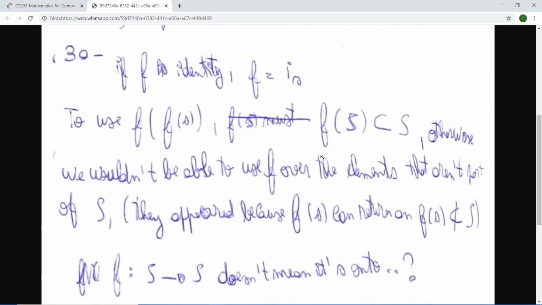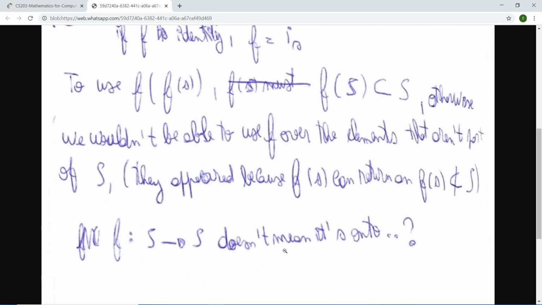So my problem becomes, let's say we have a set 1 to 5 and the function f is s plus 1. Then f of 1 equals 2 and so on. So the function will be one-on-one because every result of this function will be different for each input. But then it won't be onto.